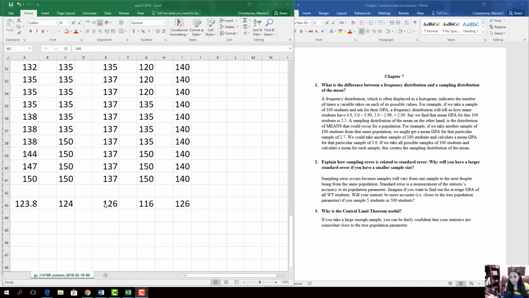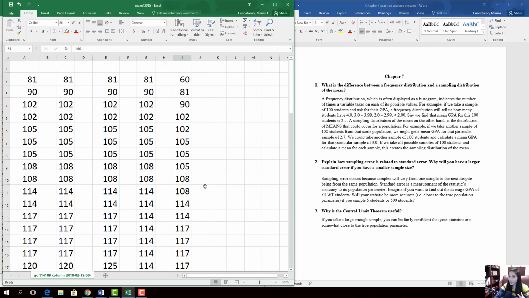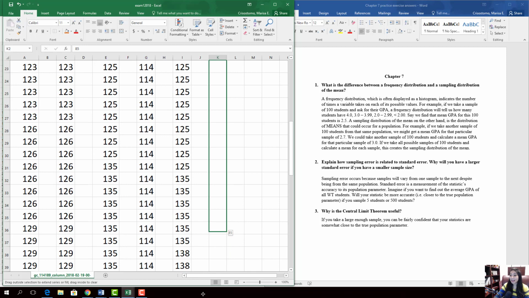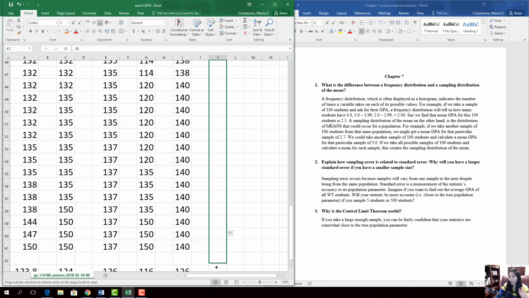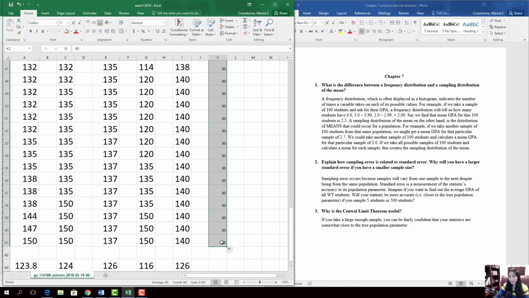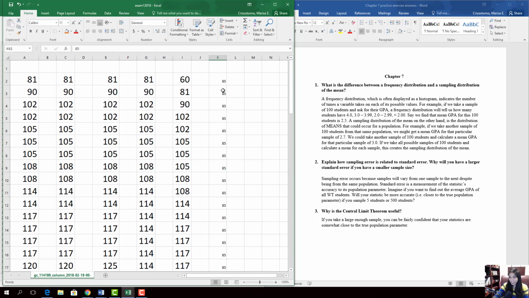So as I am sampling, it's possible, but probably highly unlikely, that I could get a sample of 60 for only students who scored 85, right? What's the probability that I could randomly select a sample where all the students scored 85? Probably very little, but it is possible, statistically possible.